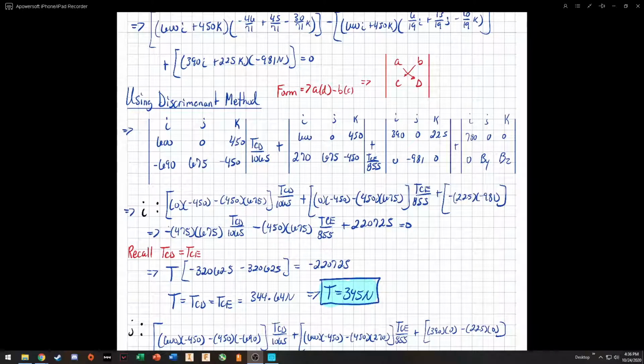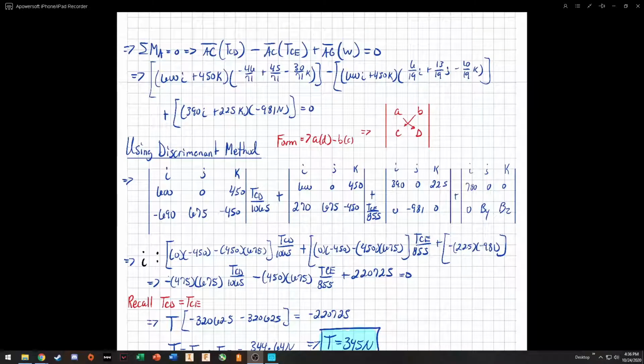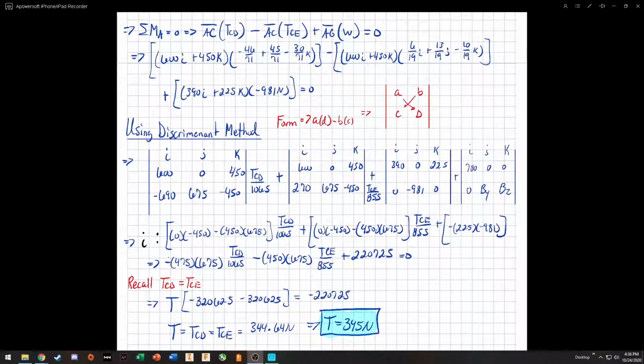So we're going to break them up into i, j, and k, which is going to be 600, 0, 450, and then negative 690, 675, negative 450. All of that times our tension CD over 1065, which is what I did right here, if you really wanted to break it down in component form, but it's easier if you just keep it like this. Plus i, j, and k of 600, 0, 450, and 270, 675, negative 450 times tension CE over 855.